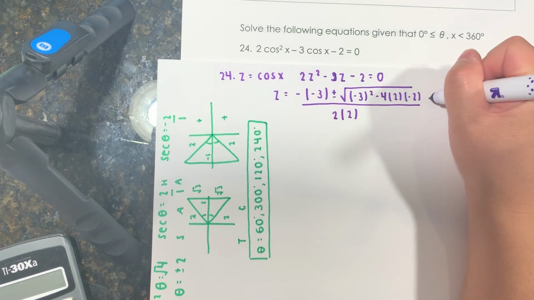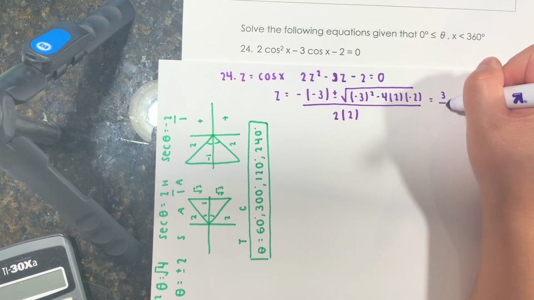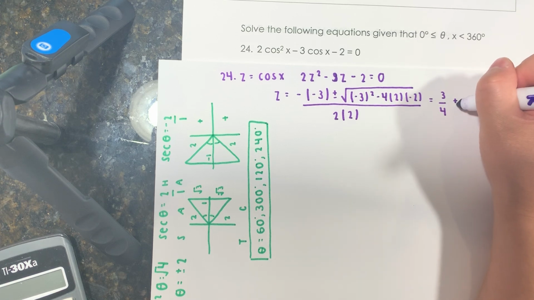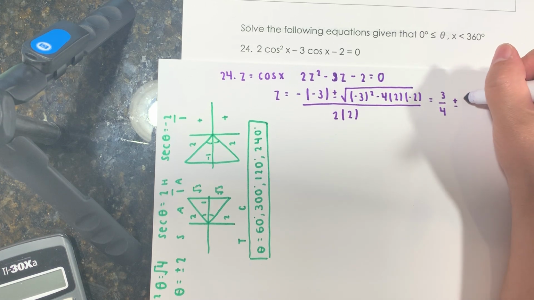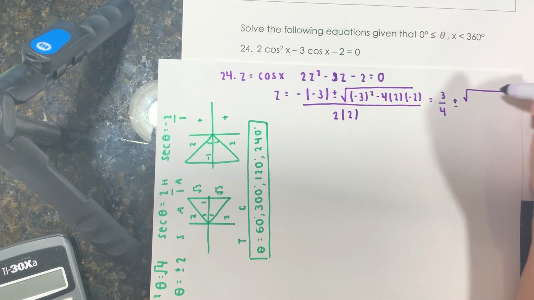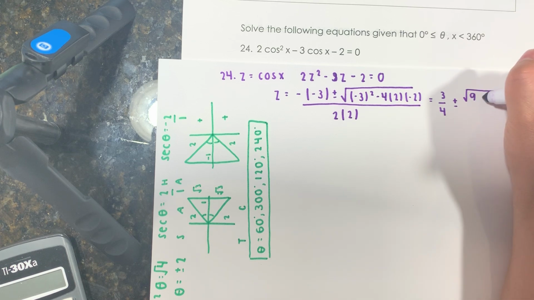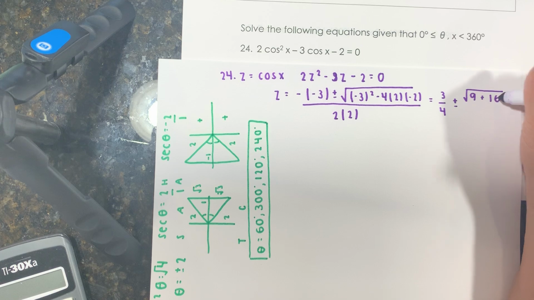So two negatives are going to make a positive, so that would be 3 over 4 plus or minus the square root of 9 plus 16.